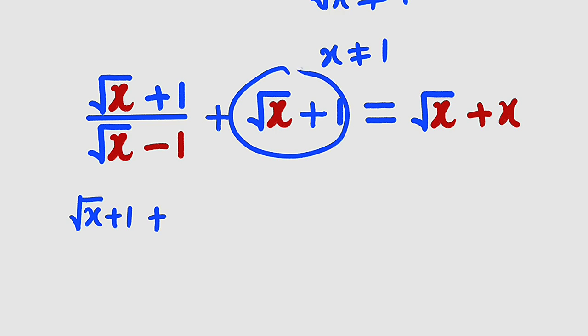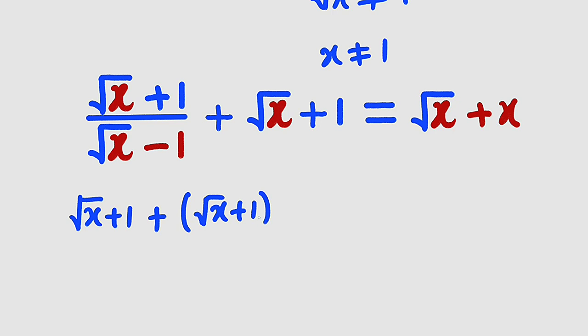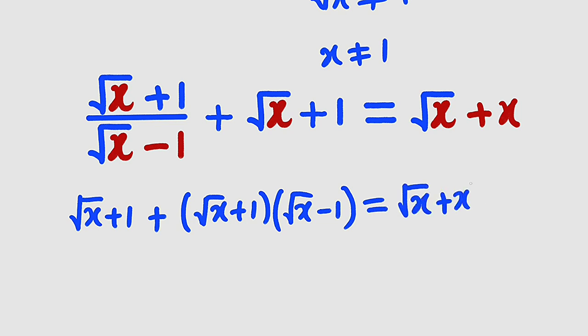I would like to combine the two of these, square root of x plus 1, then we multiply it by square root of x minus 1. So this becomes the square root of x plus 1 multiplied by square root of x minus 1. And this is equal to the right, I will do the same thing. Square root of x plus x multiplied by square root of x minus 1.